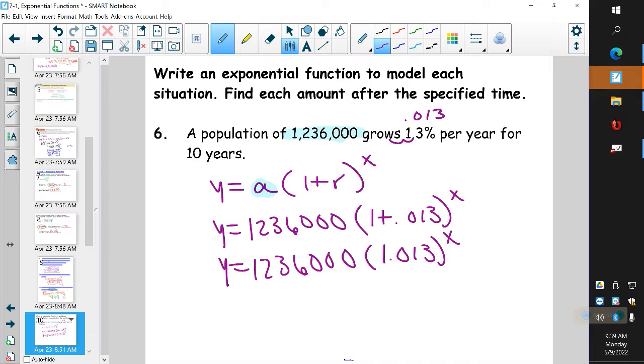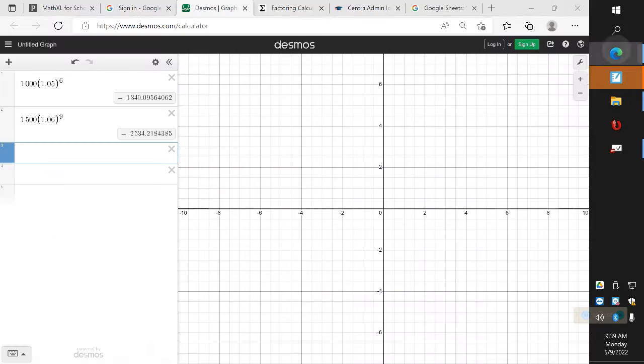I want to know how much population I'm going to have after 10 years, so that's what x is going to become. So my answer is going to be y is equal to 1,236,000 times 1.013 to the 10th. So I'm going to come over, and I'm going to type that in.